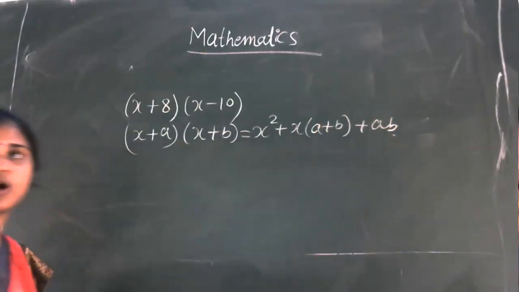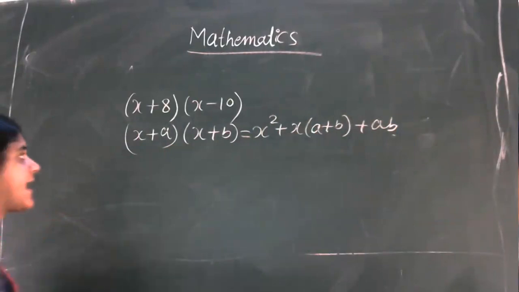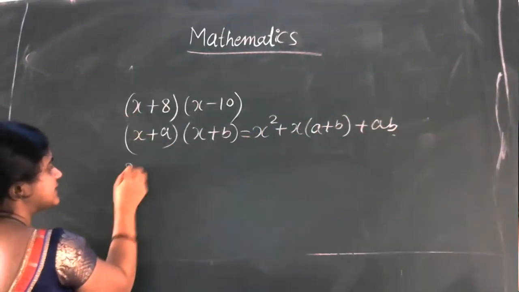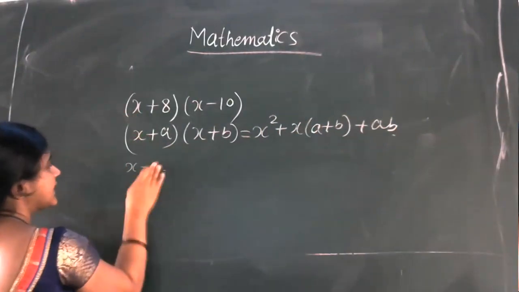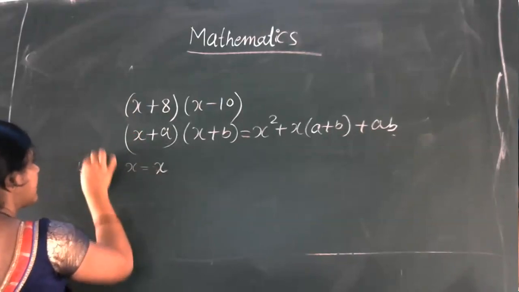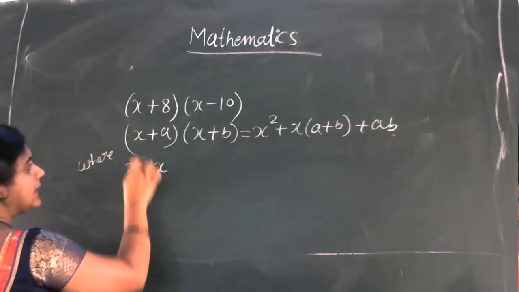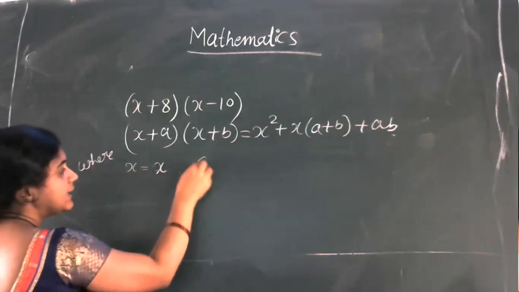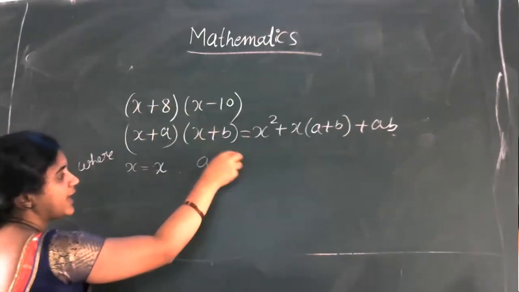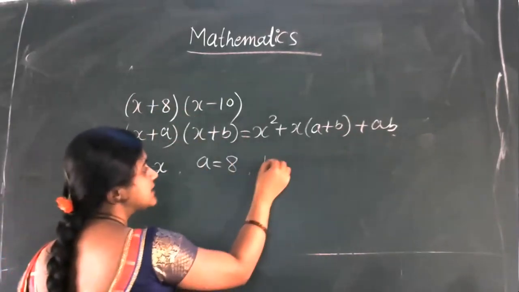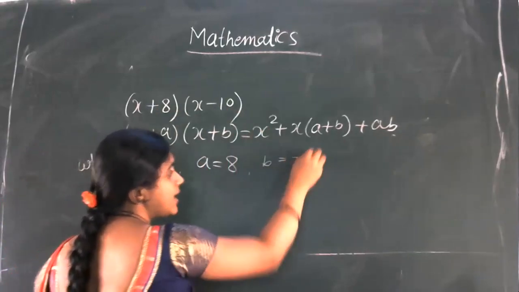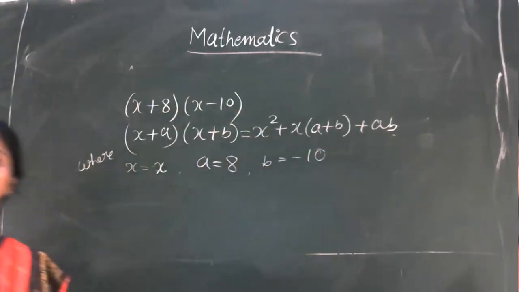First we have to recognize that in place of x, x is equal to x only. In place of a, it is plus 8, and in place of b, what is there? Minus 10. Is that clear?